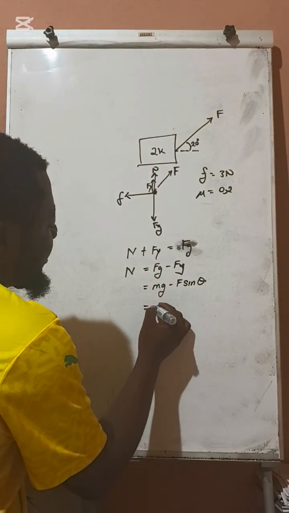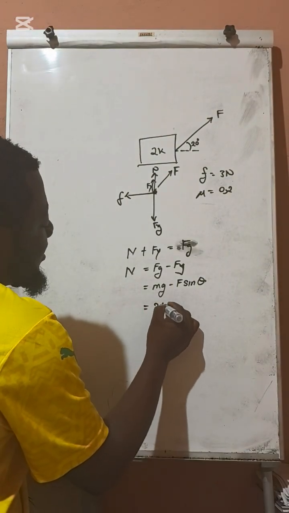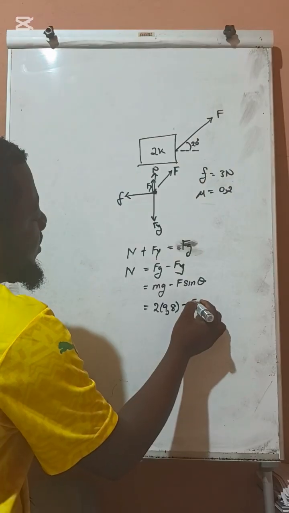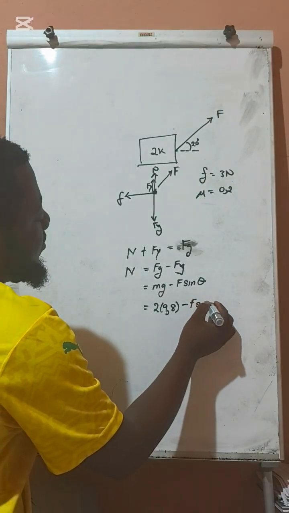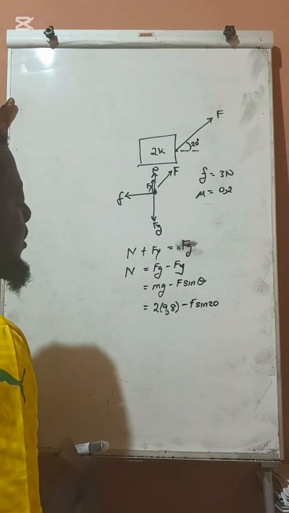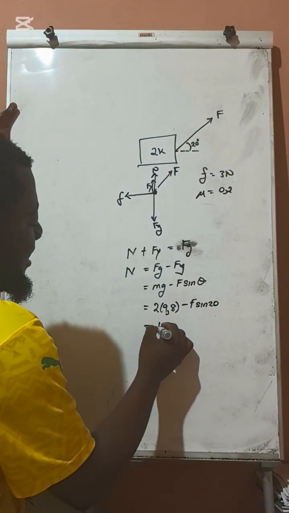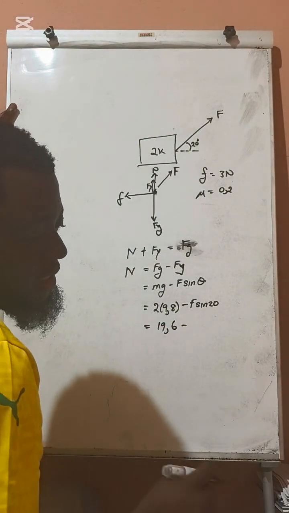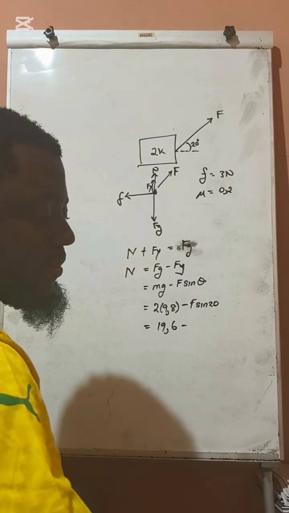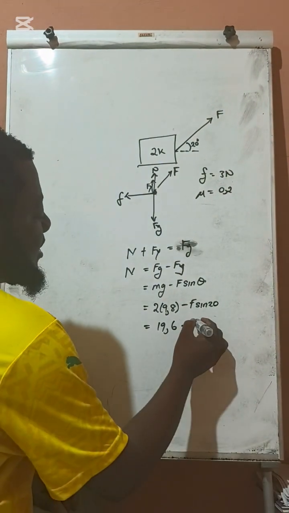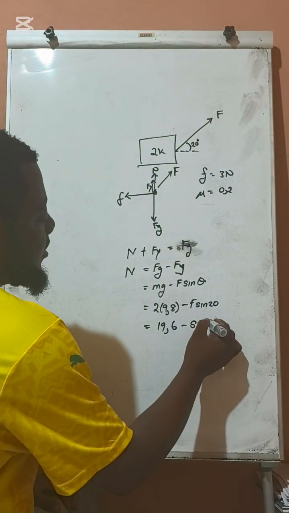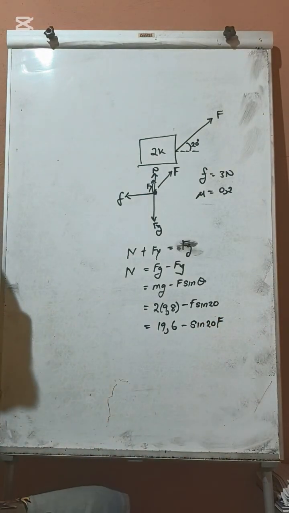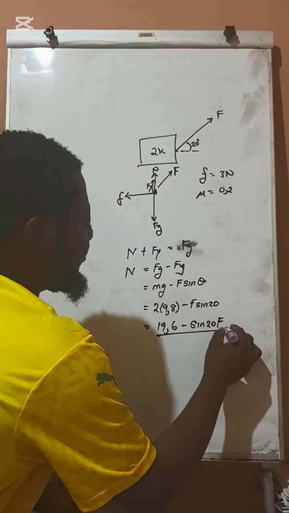So in this case, it's 2 times 9.8 minus F times sine of 20. So this gives us 19.6 minus sine 20 F. I don't have my calculator, so just write it as it is. That is our normal force in terms of F.